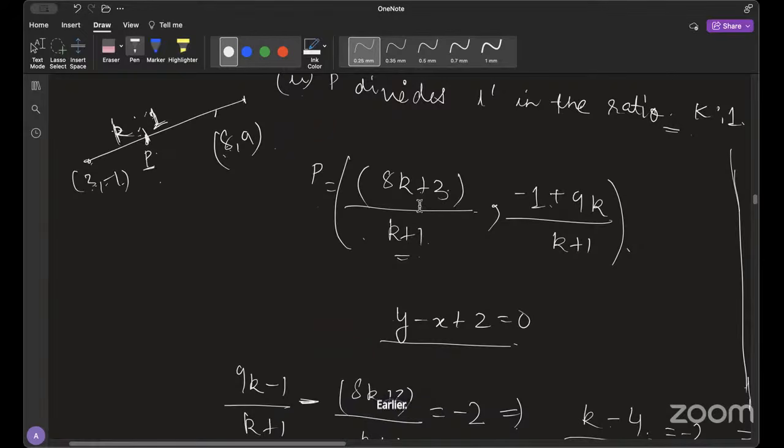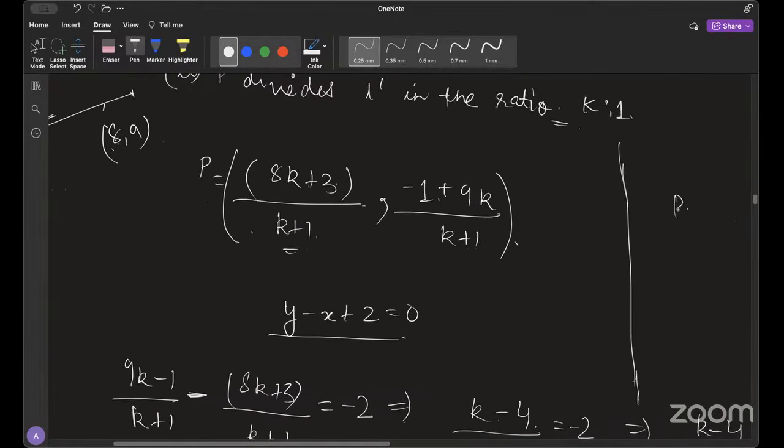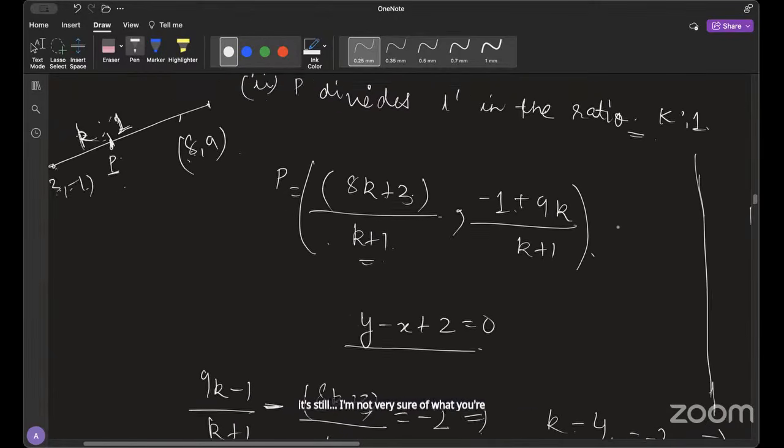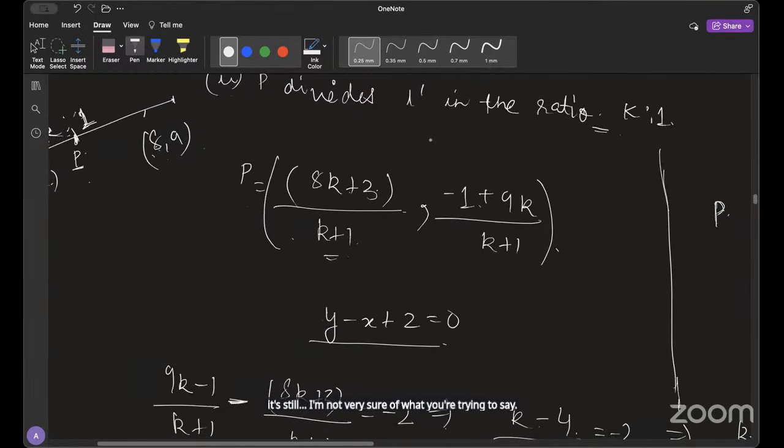Earlier we have done that, right? Someone suggested that. So that's the method. I'm still not very sure of what you're trying to say. Just put it in the chat box. Maybe that will be better. Can someone else tell me what is the exact question?